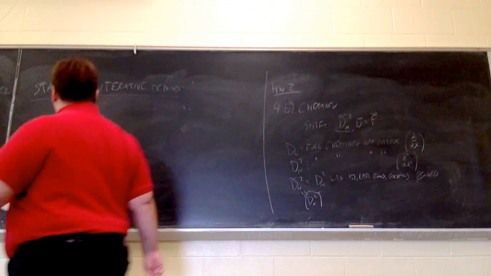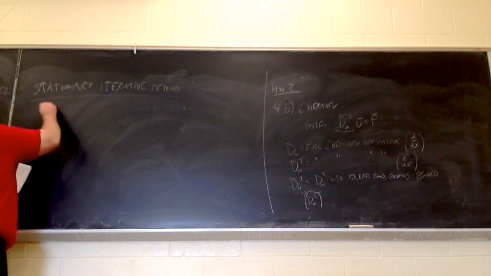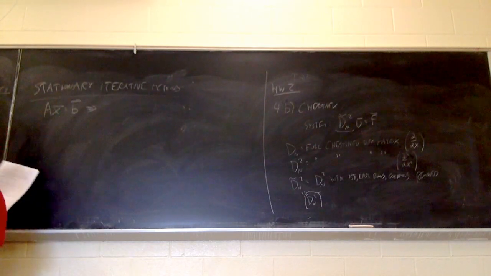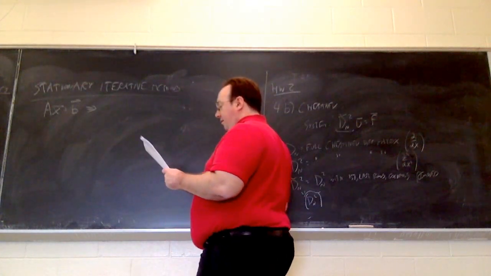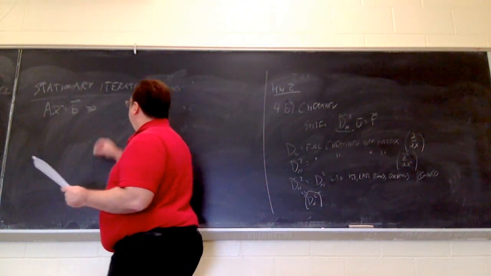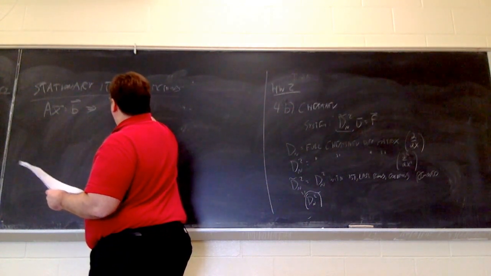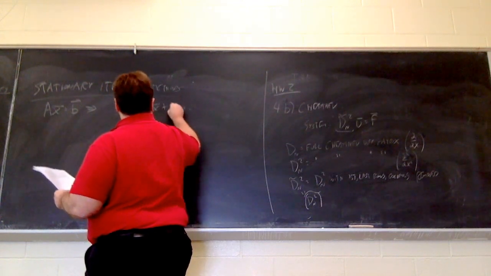Now, stationary iterative methods. Start with Ax equals b. I'm going to rewrite it into an equivalent form. That would be the same as 0 is equal to minus Ax plus b.